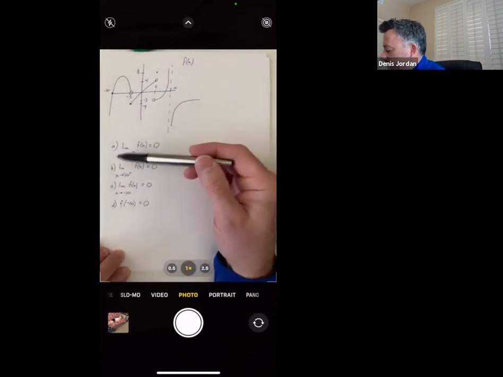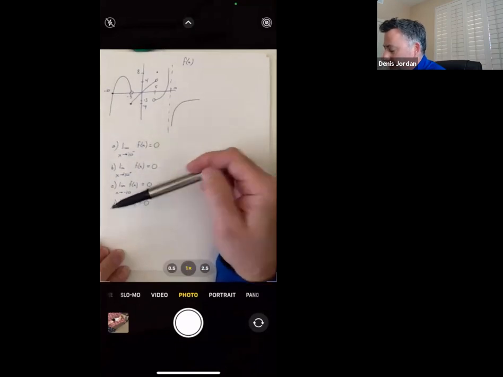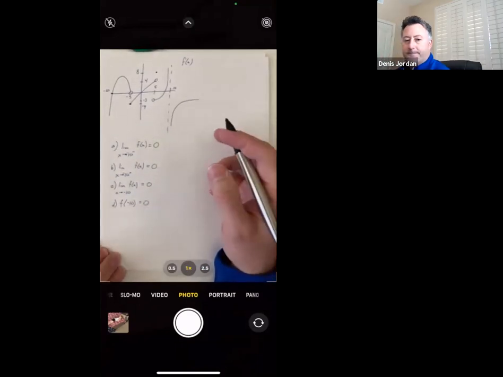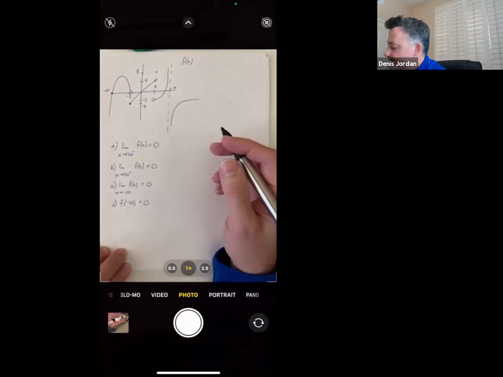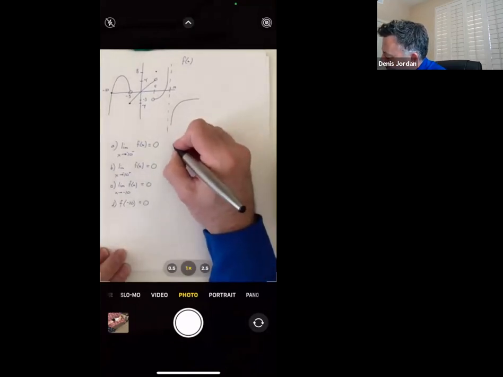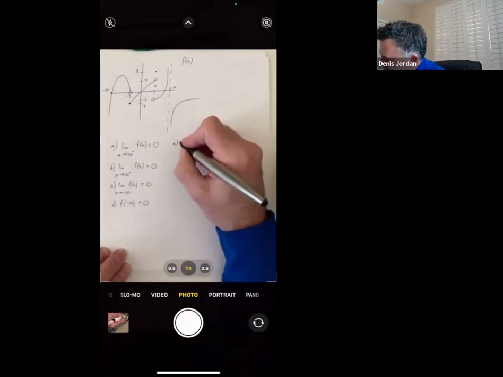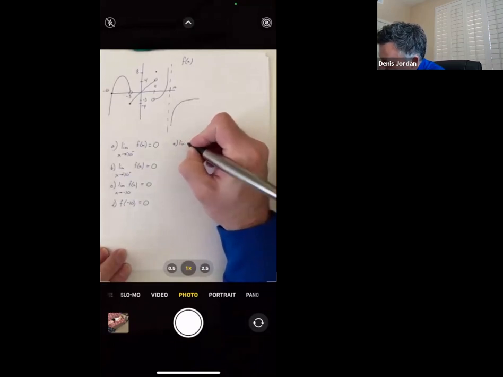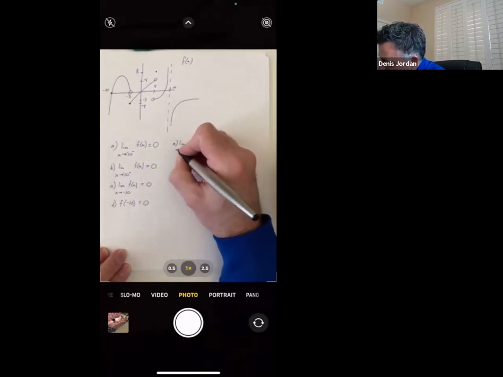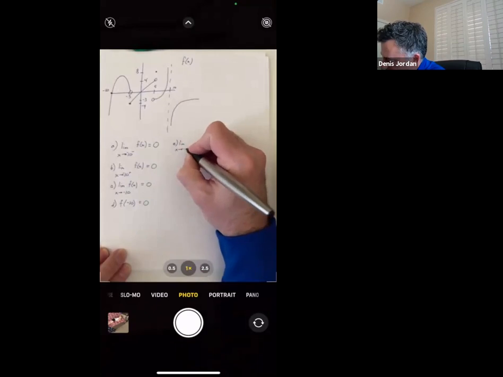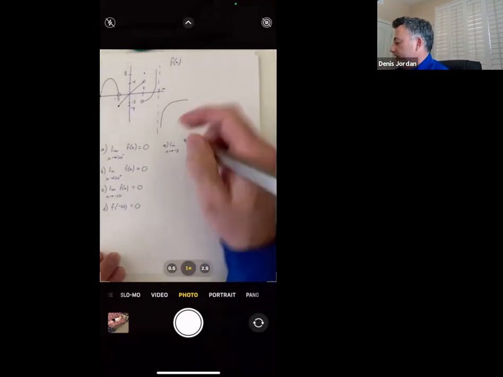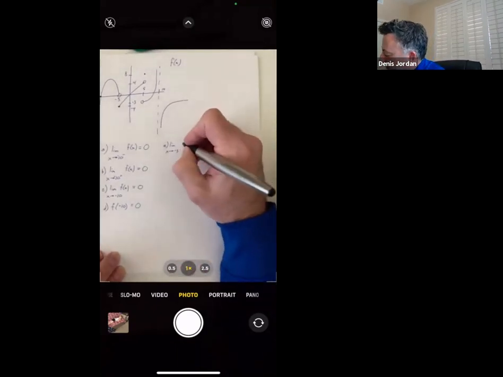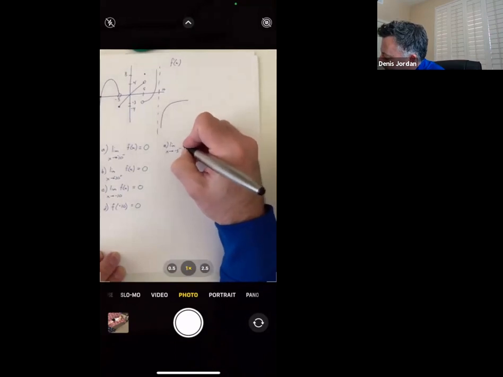Okay, does anybody have any questions on A, B, C, or D? Okay, let's move on then. Let's take the limit as x approaches negative 5 from the left.